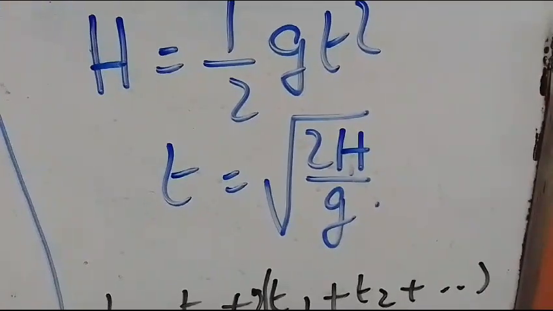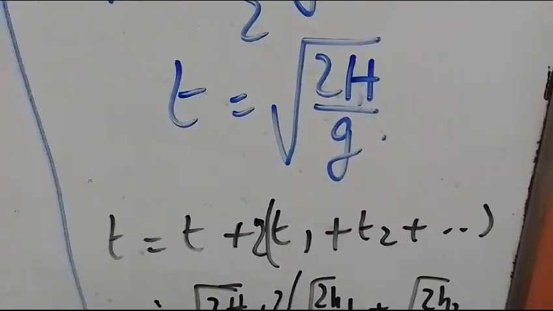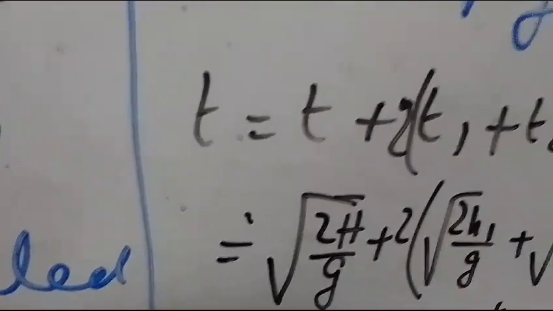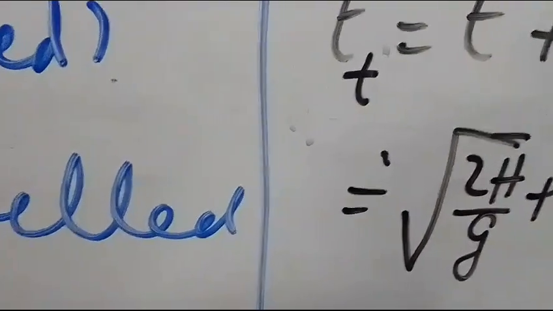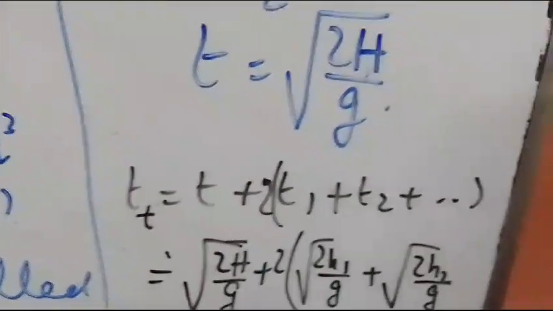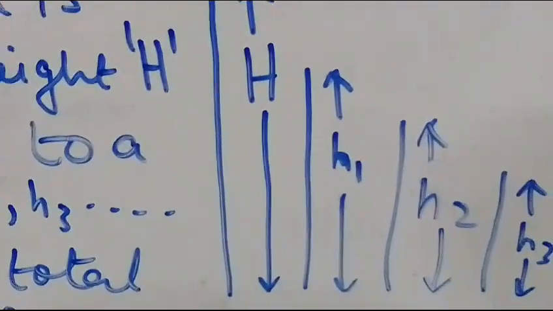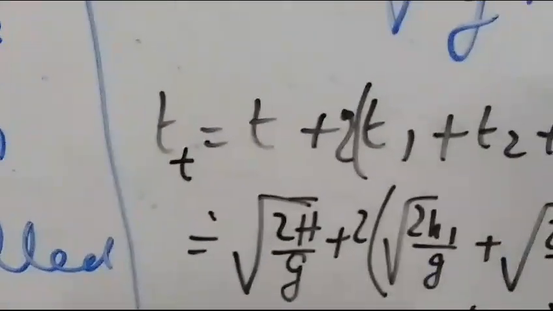So t equals root under 2H by g, where g is the acceleration due to gravity. The total time T equals t plus 2 into t1 plus t2 plus ..., as falling from height h1 will take t1, falling from h2 will take t2, falling from h3 will take t3, and so on.